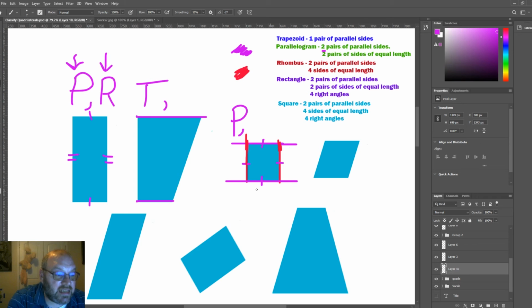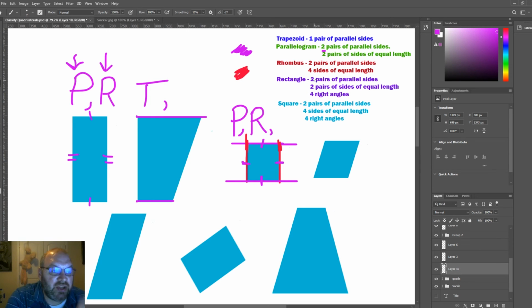Well, we just said it does have two pairs of parallel sides. Four sides of equal length. Yes. A square has four sides of equal length. This side, and this side. And we mark that with these little tally marks, these little ticks, right? One is equal to one is equal to one is equal to one. So those four sides are equal. So it is a rhombus.